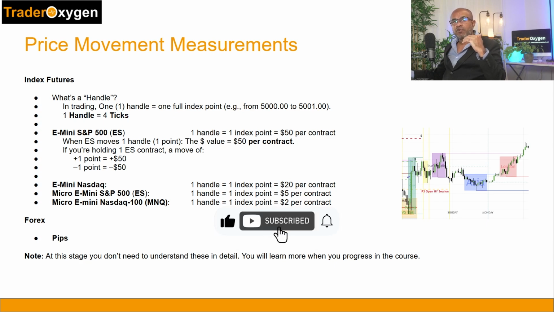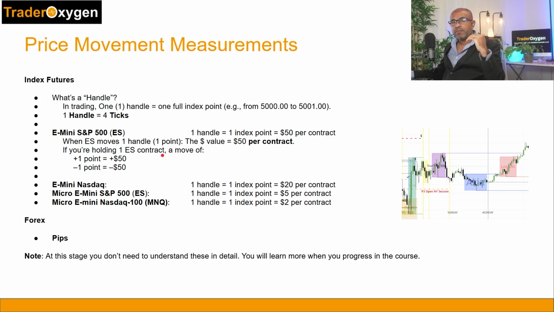One handle is equal to 4 ticks. You will see this more when we do real trading examples. Then, if you take E-mini S&P 500 as an example, one handle movement is equal to a dollar value of $50 per contract. What that means is, when the S&P 500 moves by one handle, the dollar value is $50.